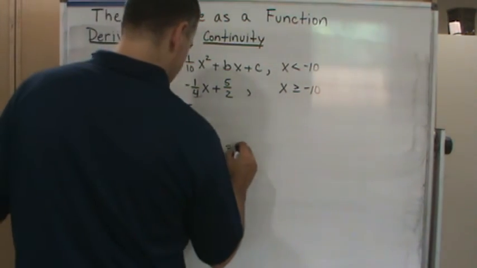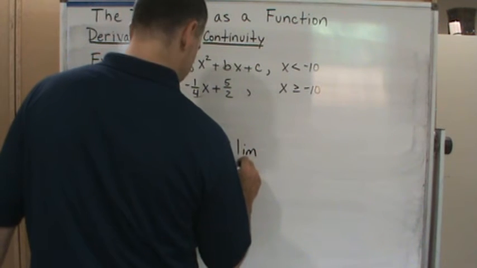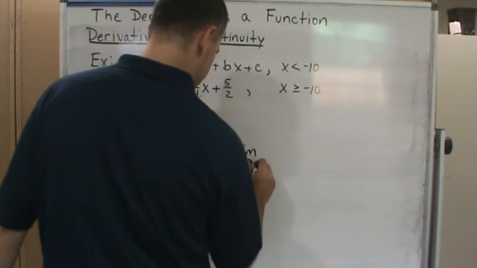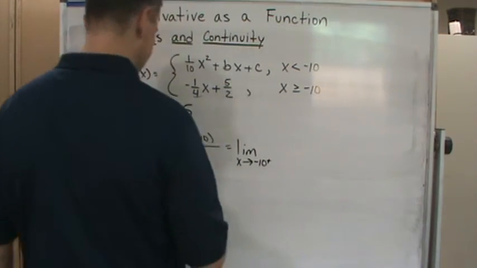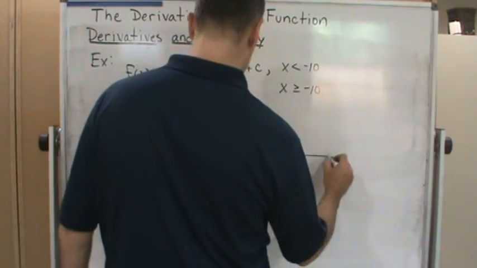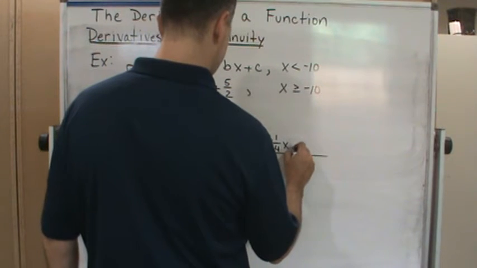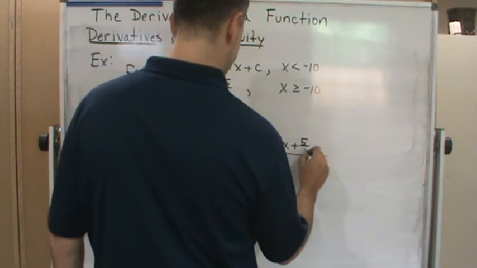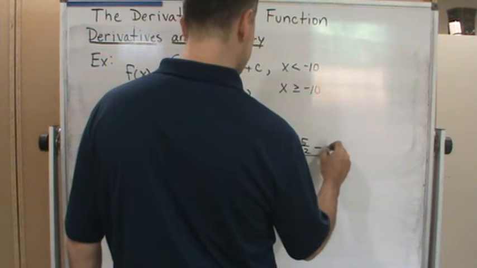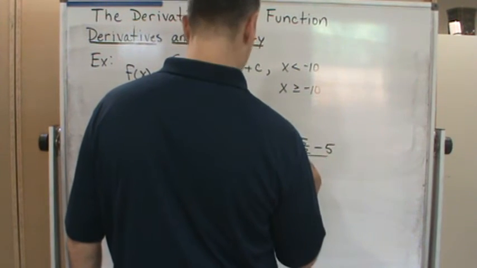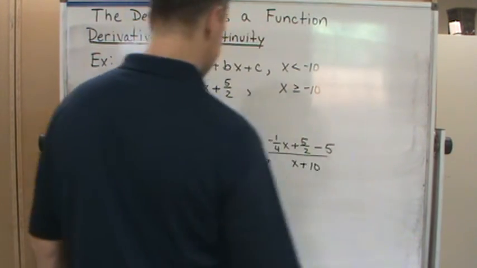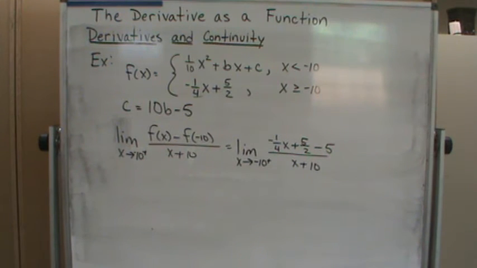And so this is going to equal the limit as x approaches negative 10 from the right of negative 1/4 x plus 5 halves minus 5 over x plus 10, right?